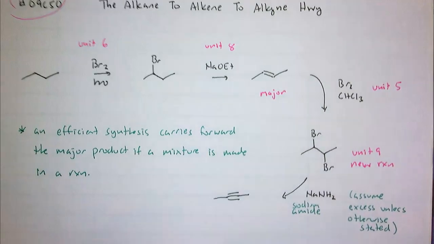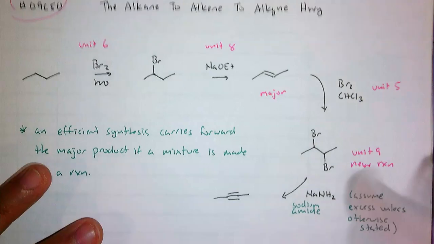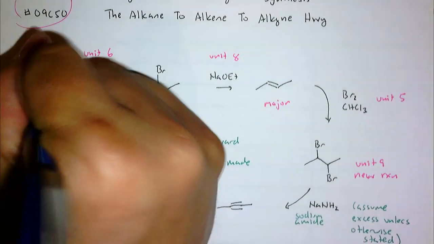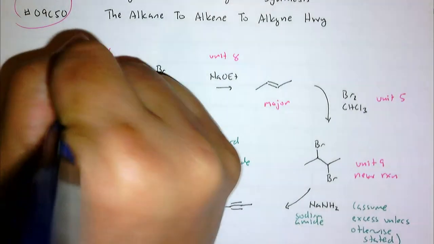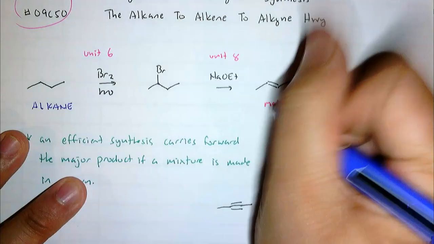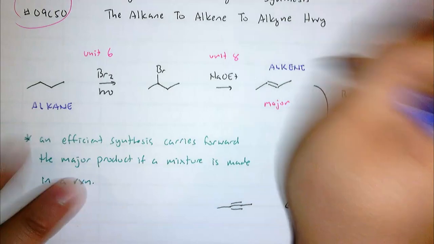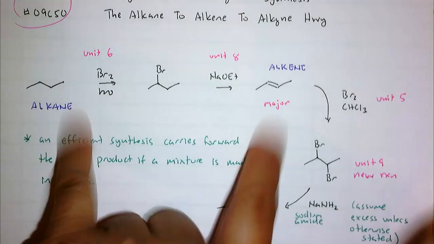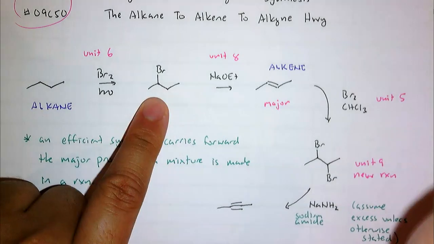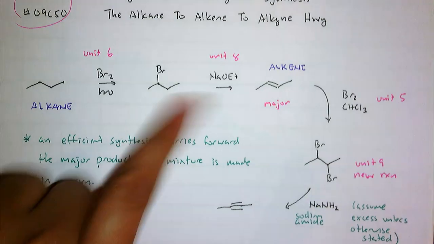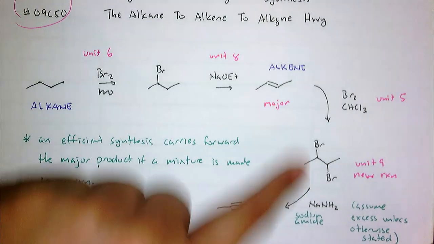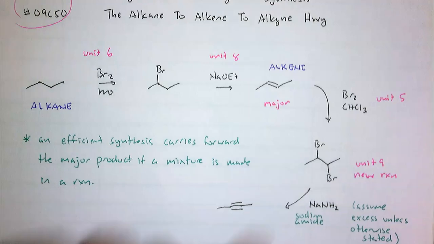And let's label our highway. We went from an alkane to an alkene. Did you notice that to go from the city of Alkane to the city of Alkene, we had to go through a city of alkyl halide? To go from alkene to alkyne, we had to go through a city of dihalide.